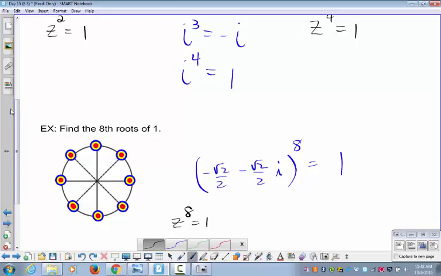Does everyone agree that those are the equations that we would be trying to solve? And so what our observation is, when we're trying to find roots of, here we're finding roots of 1. We're going to generalize this to roots of any complex number. But what we're going to see is if we're finding square roots, there's always 2 answers. Cubed roots, 3 answers. 4th roots, 4 answers. 8th roots, 8 answers. Always evenly spaced on a circle.